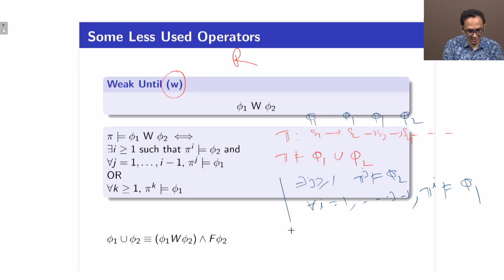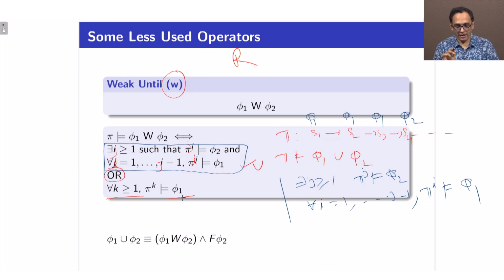In weak until, this is the first part, the until part: there exists some j such that pi of j satisfies phi 2, and for all i from 1 to j minus 1, pi of i satisfies phi 1. Or I am saying that in all states only phi 1 holds.